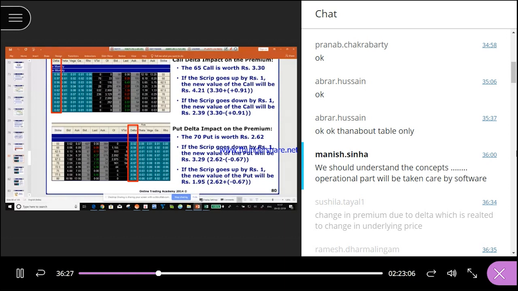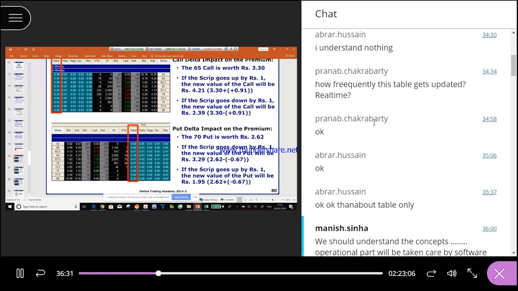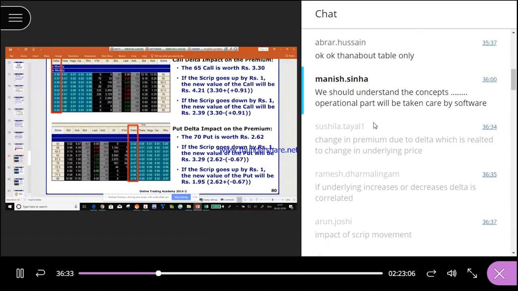Abrar, you have to type fast. Ramesh, you have to type fast. Remember, the other instructors won't even bother you asking whether you've understood or no. They will just go ahead. By now, they would have finished theta and all.